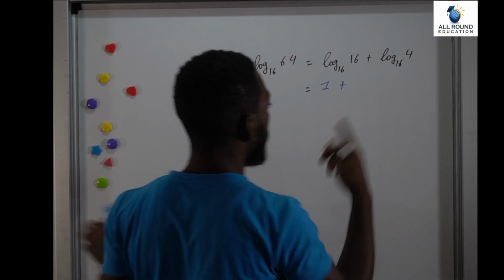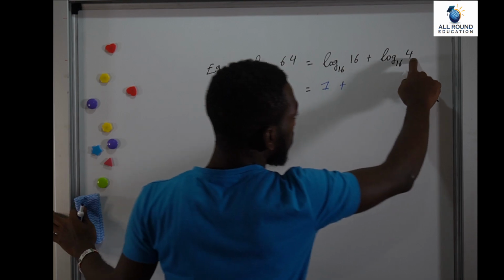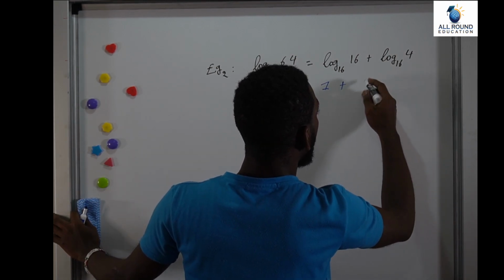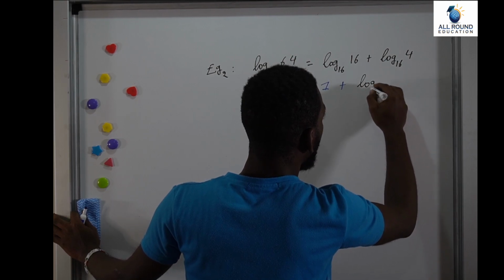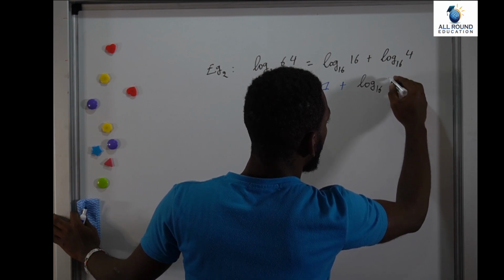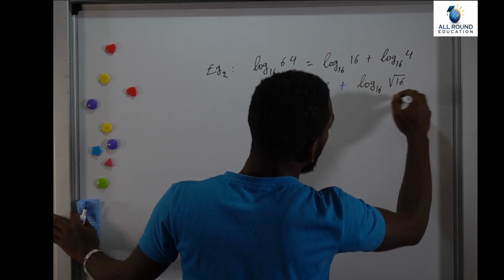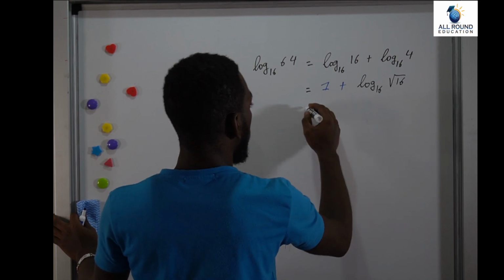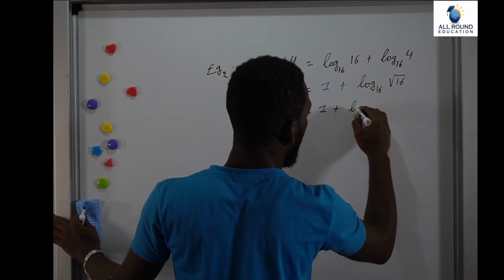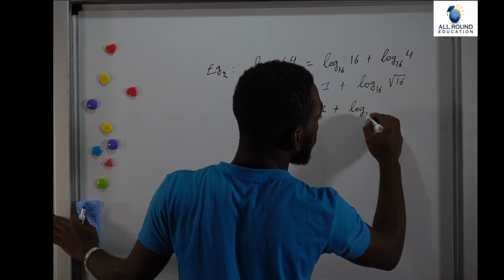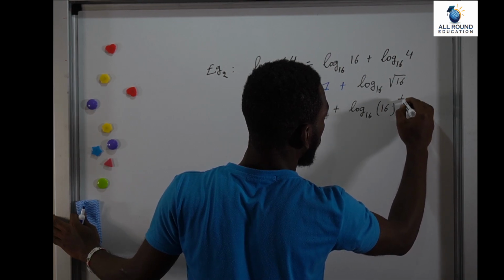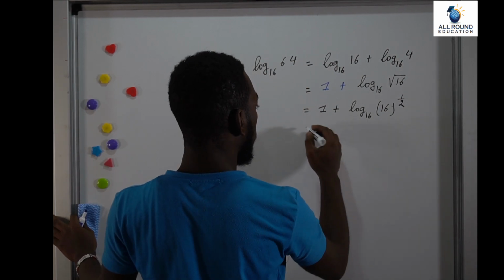So given that, what we could do to get 4 is write the square root of 16, because the square root of 16 is 4. And on my next line, I'm going to have 1 plus the log of the square root of 16. But then how do we write square root? This is the same as 16 to the power of a half.